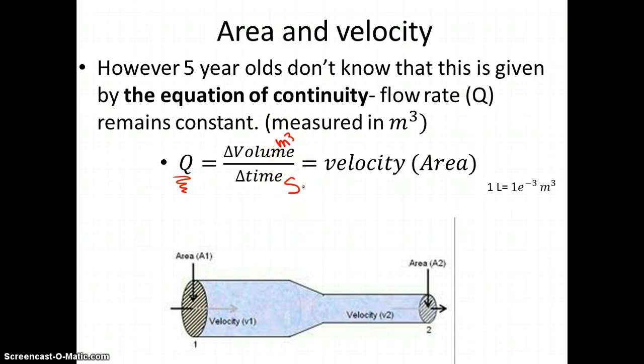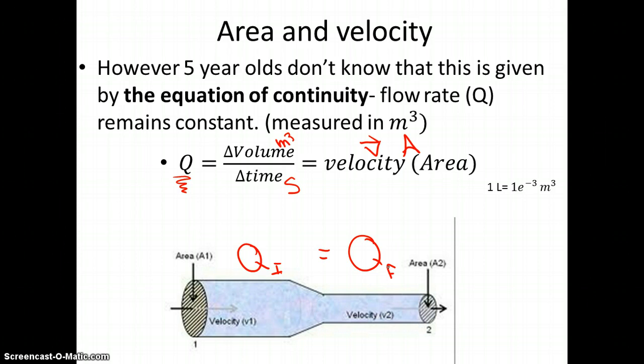We can also calculate the flow rate as the velocity times the cross-sectional area of the device that it's flowing through. And we know that if flow rate is steady, then the initial flow rate is going to be equal to the final flow rate.